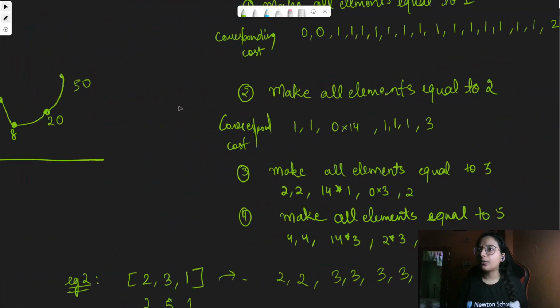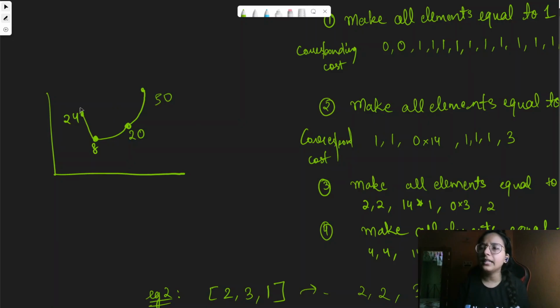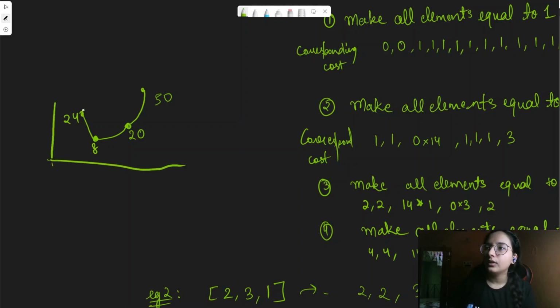And let us draw a graph for the same. So graph would be like, this is corresponding to the starting element, which was 1. This is corresponding to other 3, and this was for the 5.